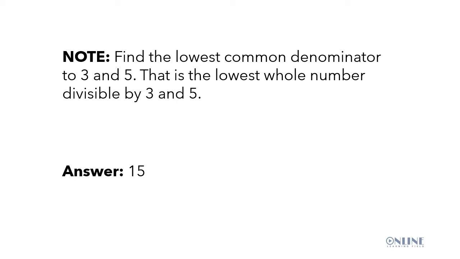The first thing to do here is to find the lowest common denominator divisible by 5 and 3. That is, the lowest whole number divisible by 3 and 5. Can you guess the number? If your answer is 15, you are correct.